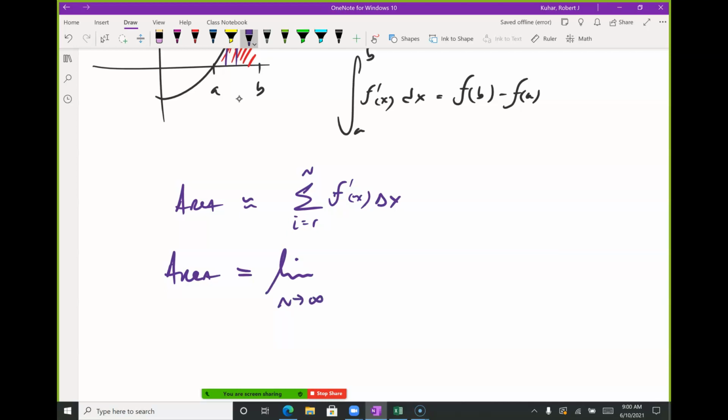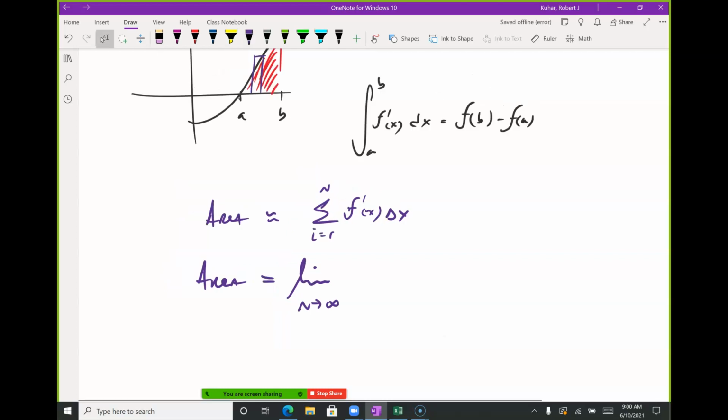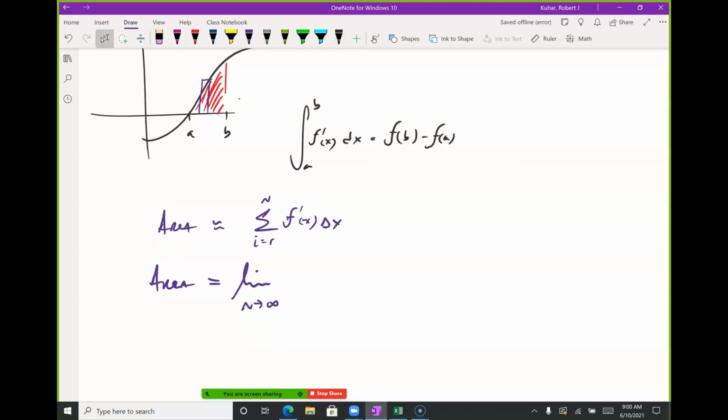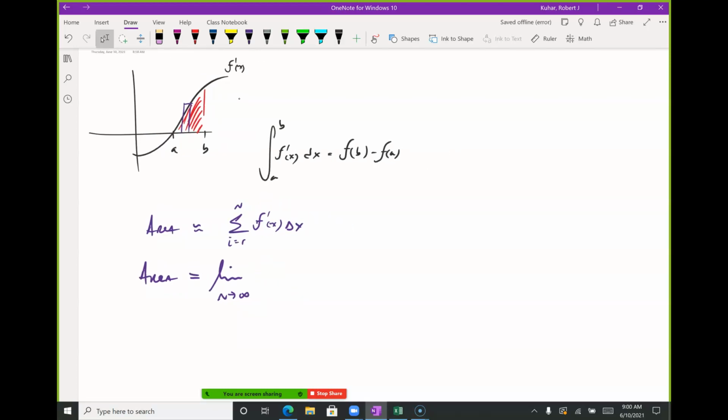And what happened to the sigma notation? What did this symbol turn into? The integral symbol, which is an s. So you can see it as a sum, right? That sigma is a finite sum, and the integral is the infinite sum.